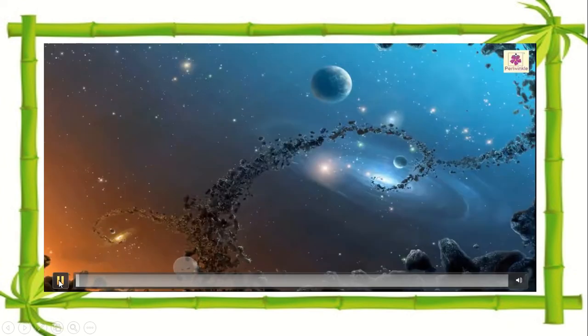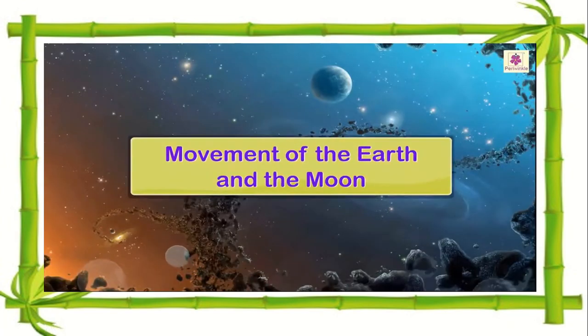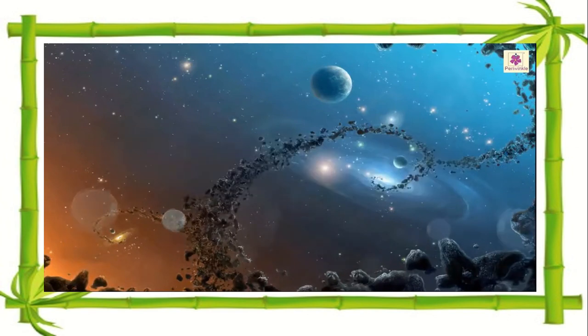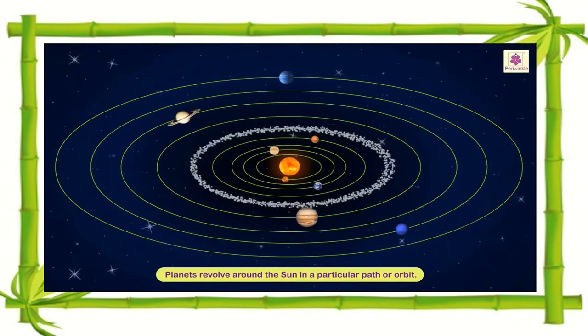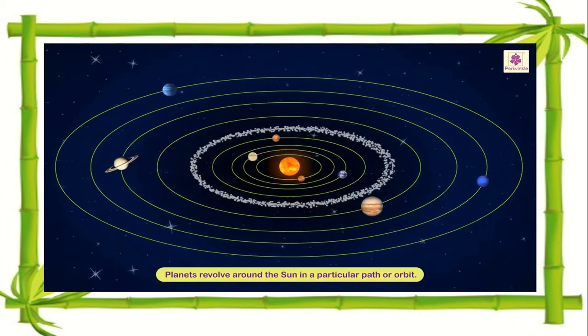Now, you can enjoy one video, and from this video you will learn something. Movement of the earth and the moon. We have learned that planets revolve around the sun in a particular path or orbit.